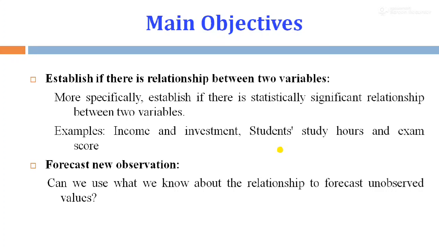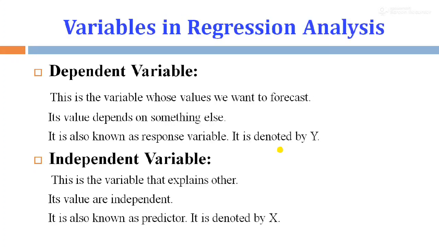The height of a person is the independent variable and the weight of a person is the dependent variable. That is, weight depends on height. So by knowing the heights of people, we can obtain a regression model that can give the weight of a person. So this is the main objective of regression analysis.